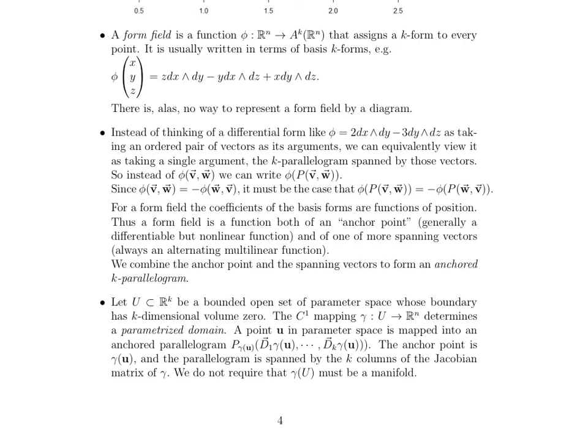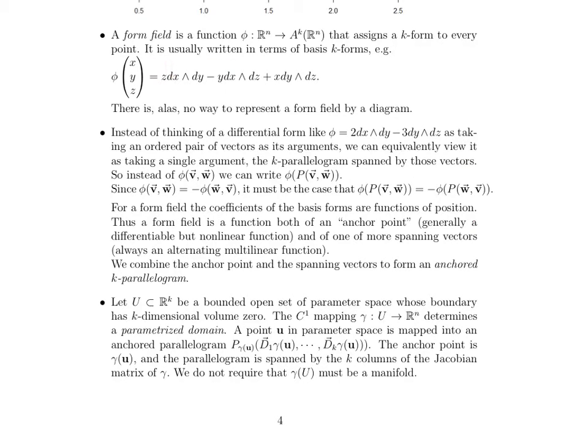So that makes sense that if phi acting on v and w was equal to negative phi acting on w and v, note that there is this notion where if you swap the order here, you're going to get a factor of -1 incorporated into this expression. It must be the case that if phi is acting on the parallelogram spanned by v and w, it will be equal to -1 times phi acting on the parallelogram spanned by the vectors in the opposite order.